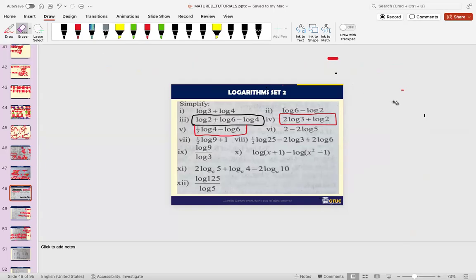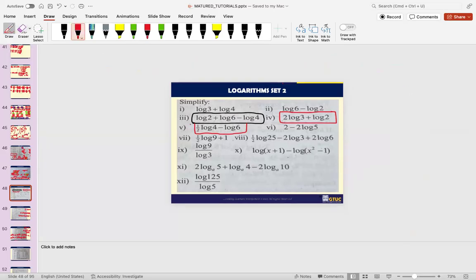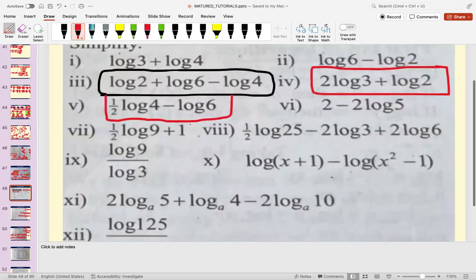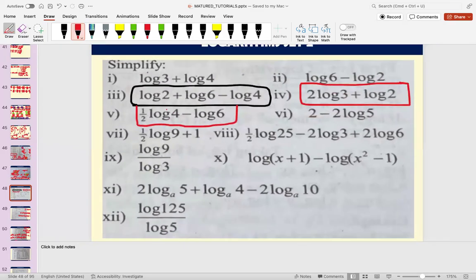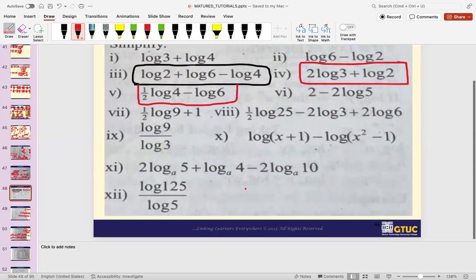So we can start now. Question number 5. Half log 4 minus log 6.